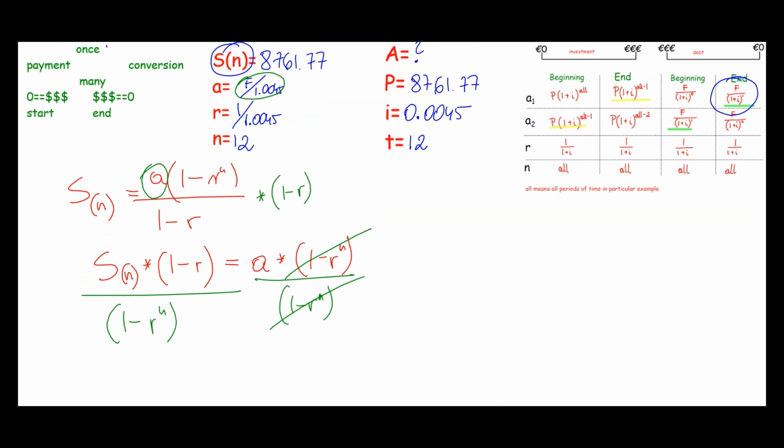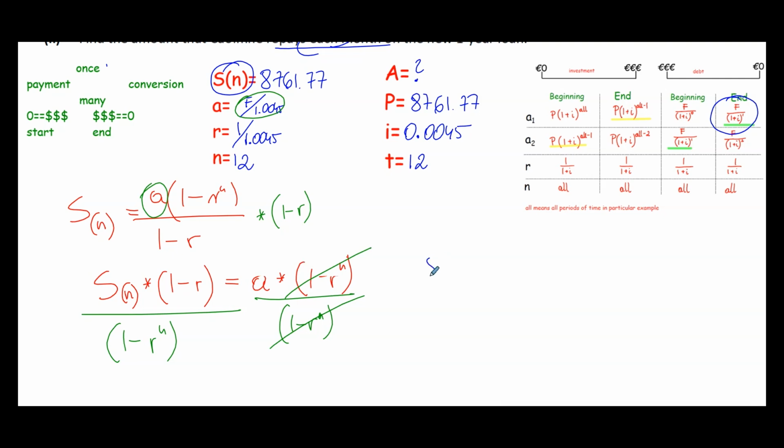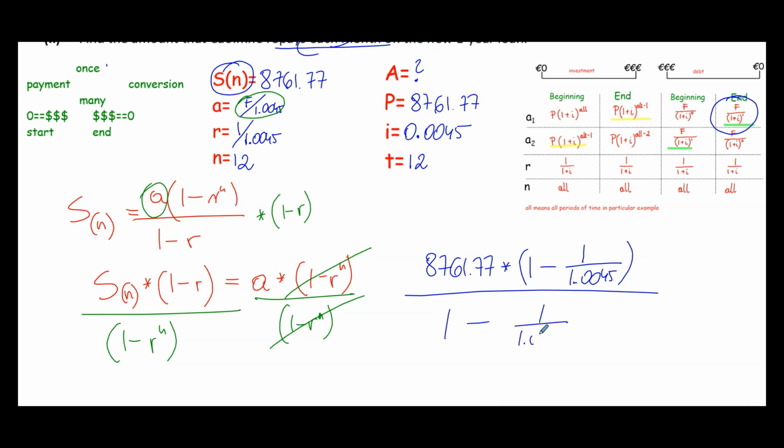So let's just fill that in. My Sn is 8,761.77, multiplied by the bracket 1 minus r, which is 1 over 1.0045, and everything divided by 1 minus r again, 1 over 1.0045, taken to the power of n, which is 12.